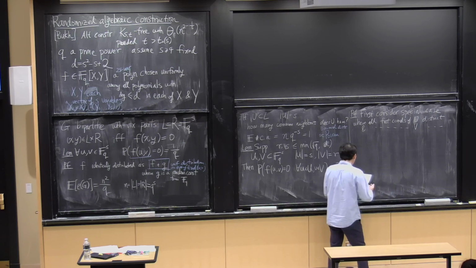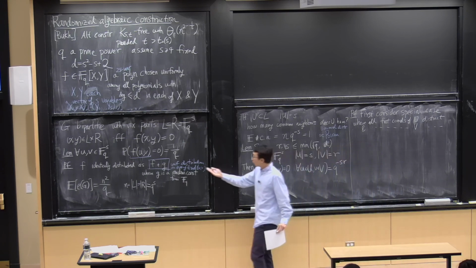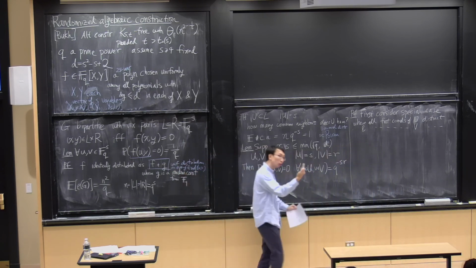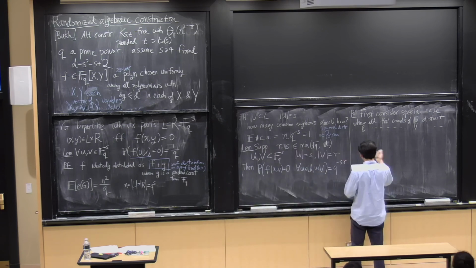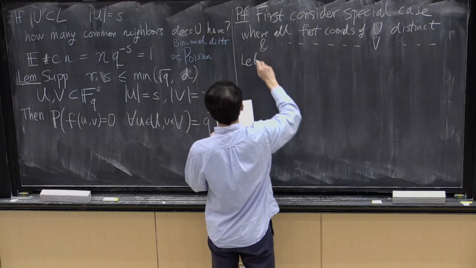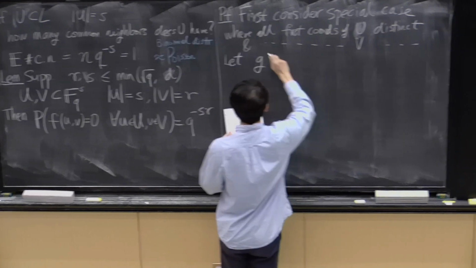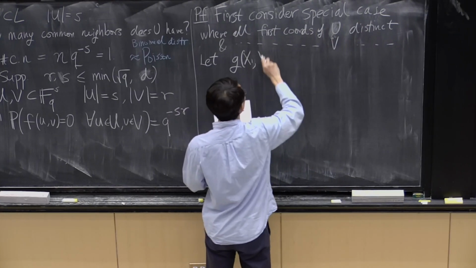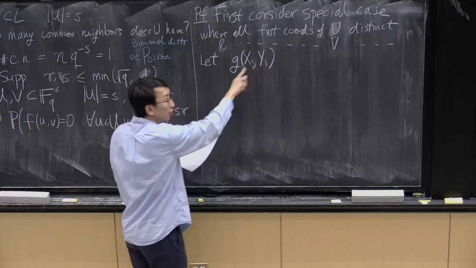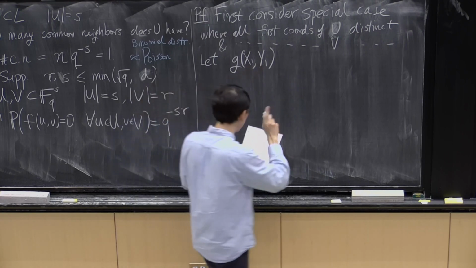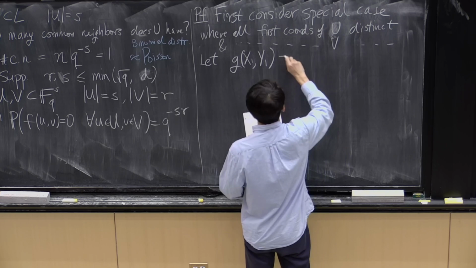I write down the list of points for U, and the first coordinates are all distinct. What I want to do is to give you a uniform random shift. I will shift it by a polynomial G, which is a bivariate polynomial. These are not vectors, they're just single variables.